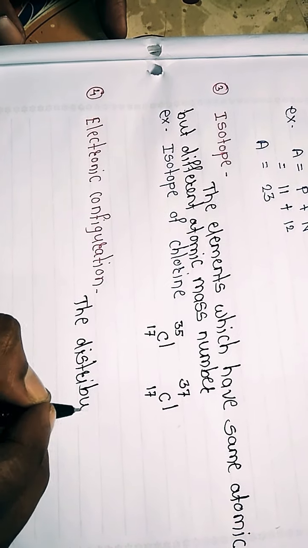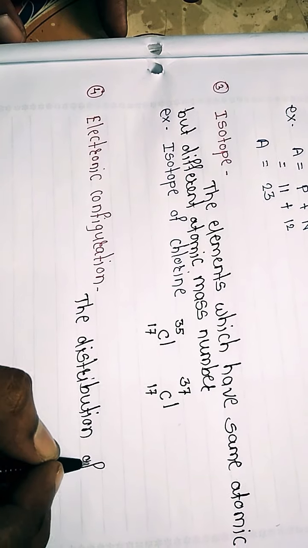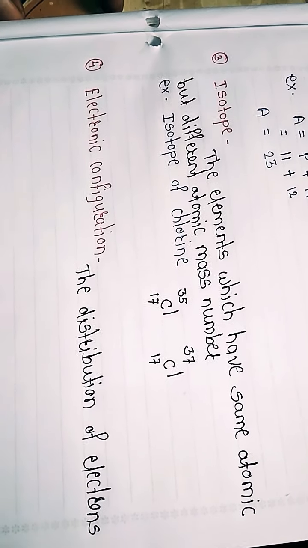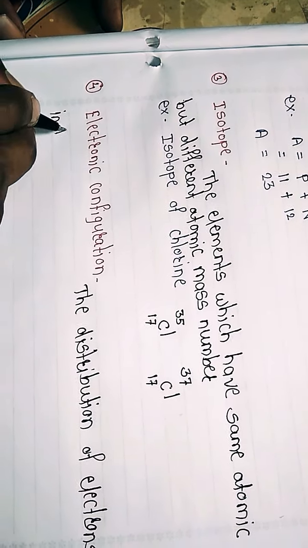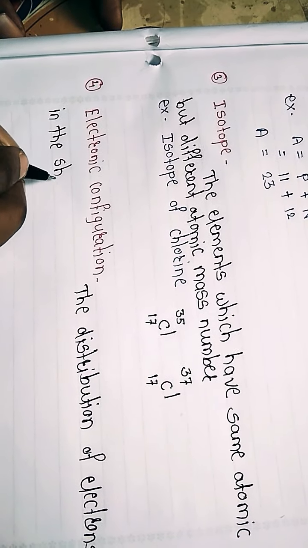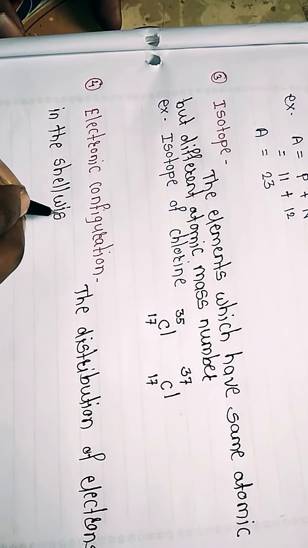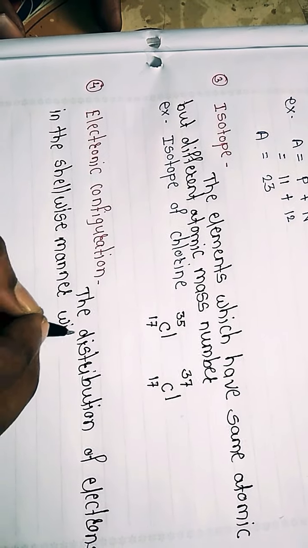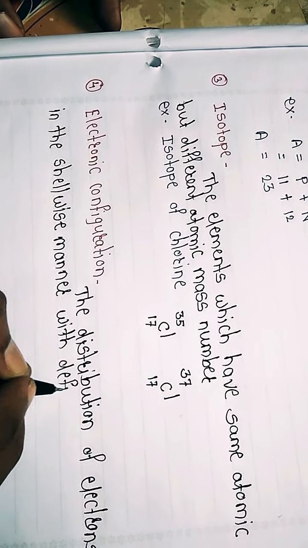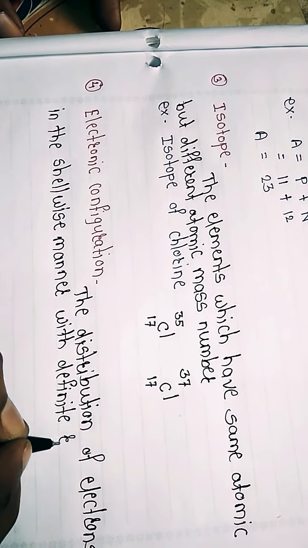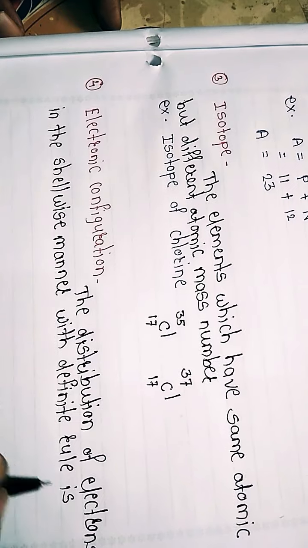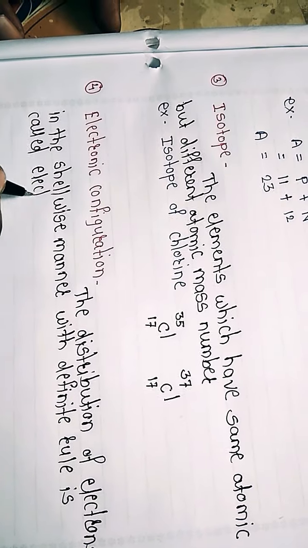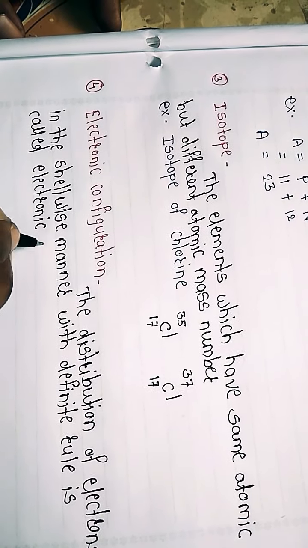The distribution of electrons in a shell-wise manner with a definite rule is called electronic configuration.